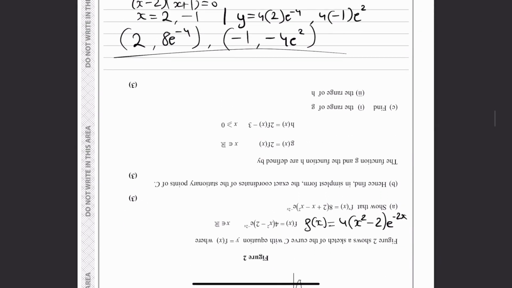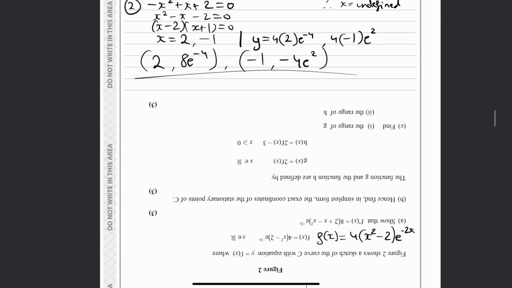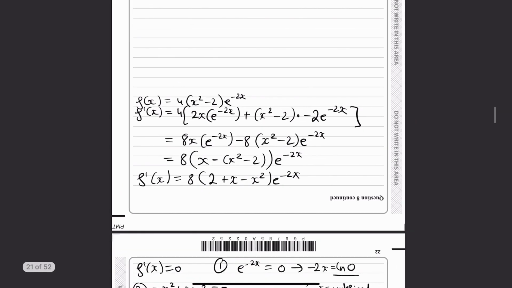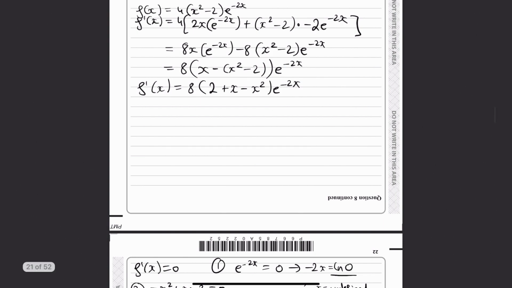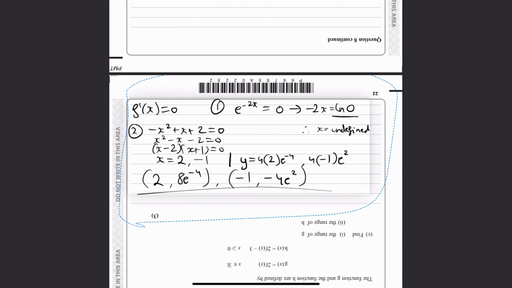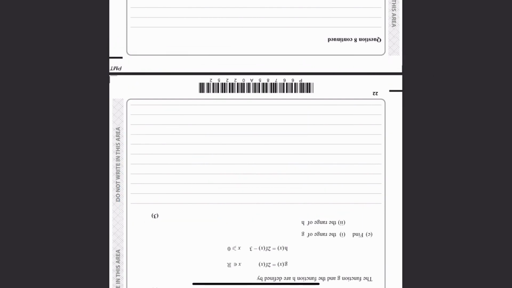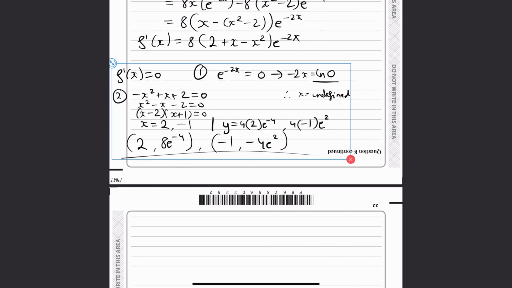And then finally, for part C, let me just move this all up now. Right, put that over here.